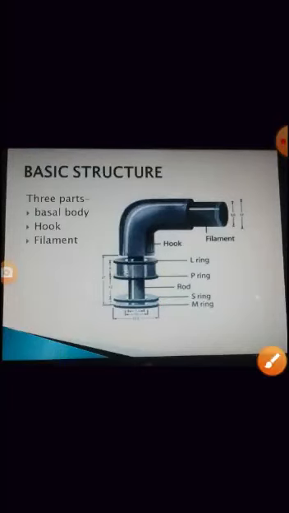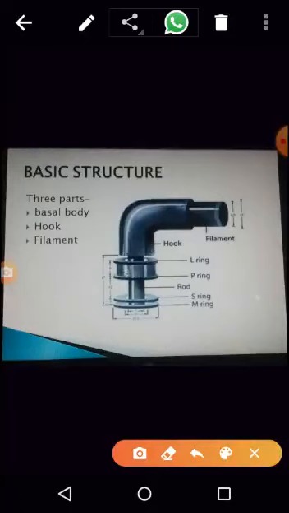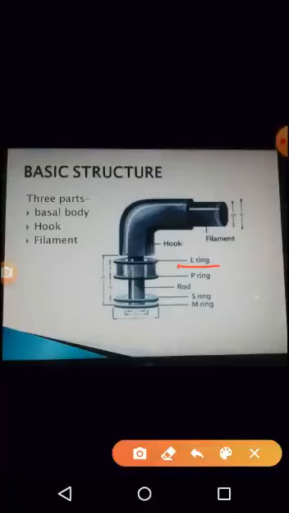Now what does the outer ring consist of? Outer rings are of two types. One is the L ring and the other one is the P ring. The L ring is the one which is present on the lipopolysaccharide layer, the outer membrane. The P ring is the one which is present on the peptidoglycan layer.